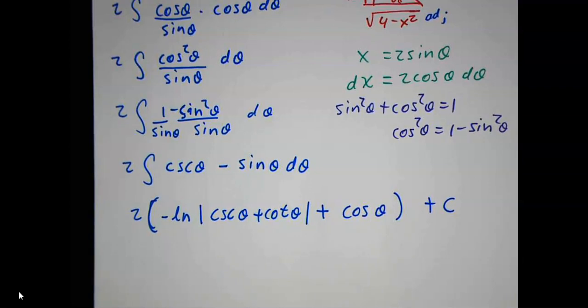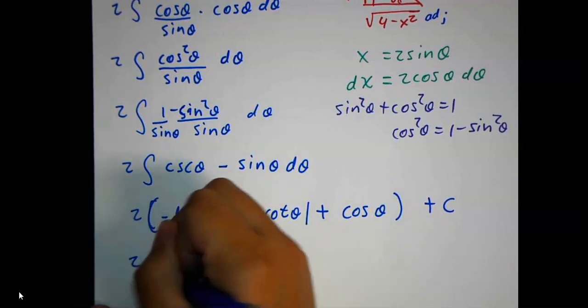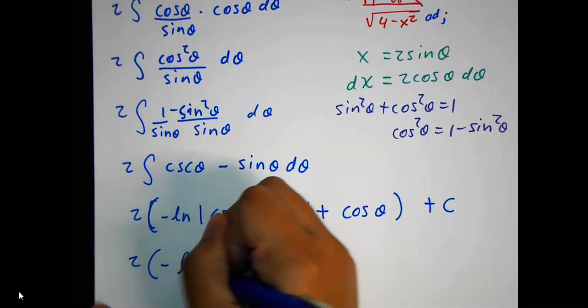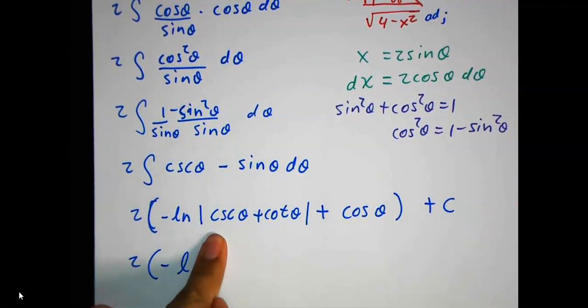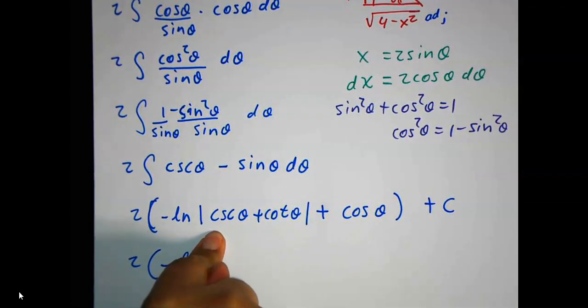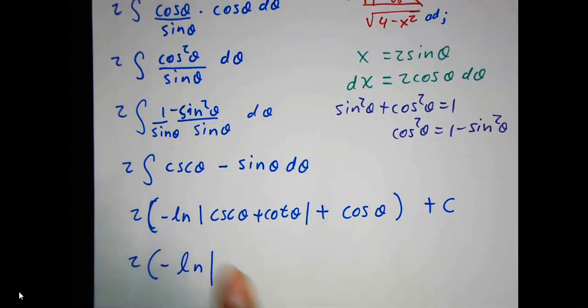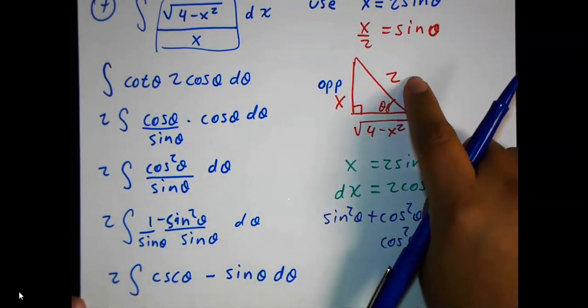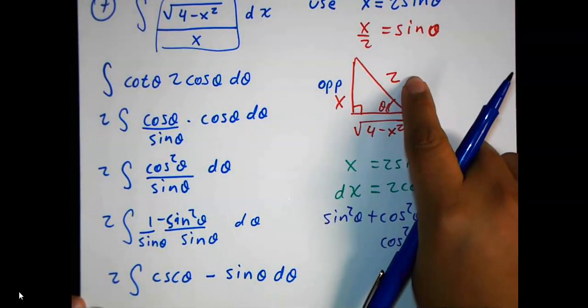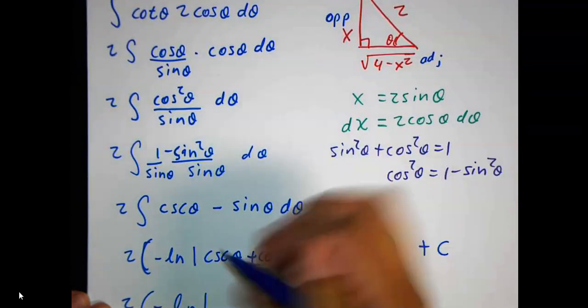But remember that we did not start with sine and cosine. We started with x. So now I need to go back to my triangle and find cosecant, cotangent, and cosine. I'm going to have 2 negative ln. So cosecant, remember, what is cosecant? Cosecant will be hypotenuse over opposite, so 2 over x.